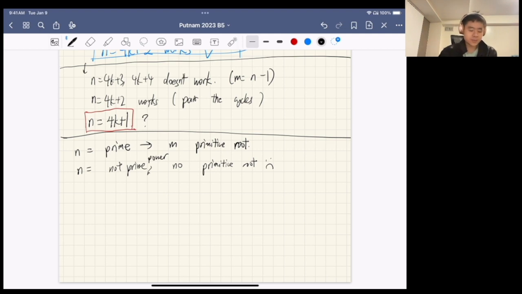So we recall that primitive roots exist for all prime powers.